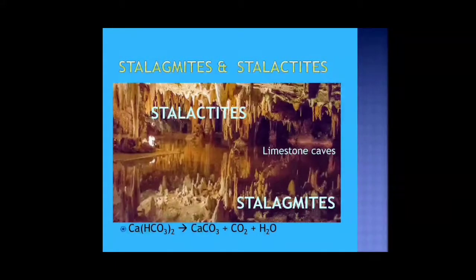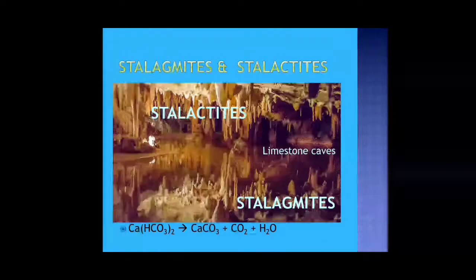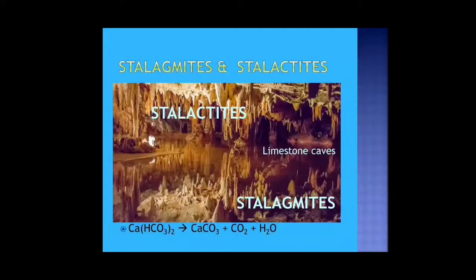The structures which are formed from the roof downwards are called stalactites, whereas the structures which are formed from the floor to the roof are called stalagmites. These are structures which are made up of calcium bicarbonate or calcium carbonate.